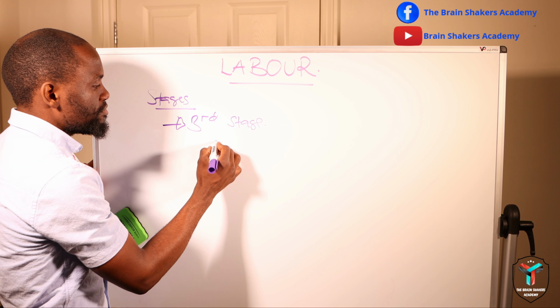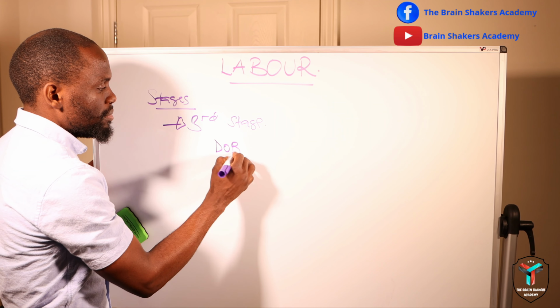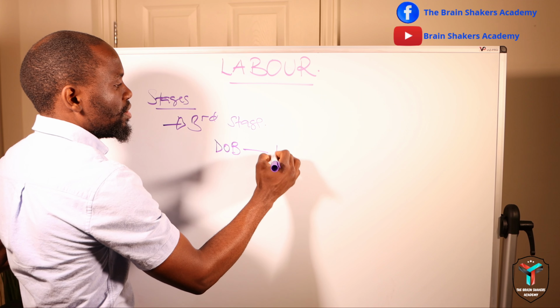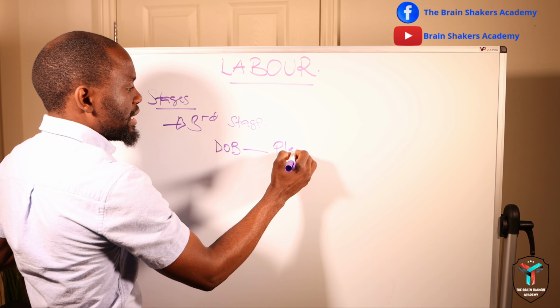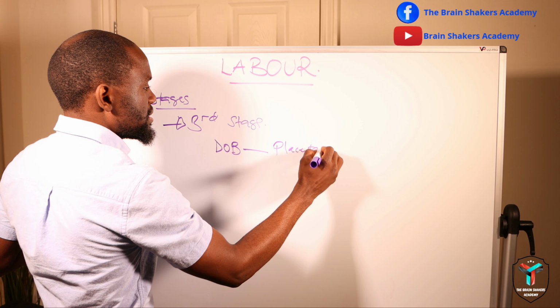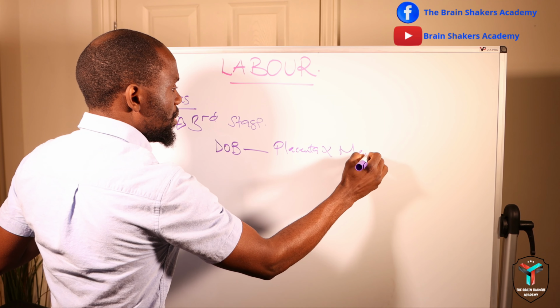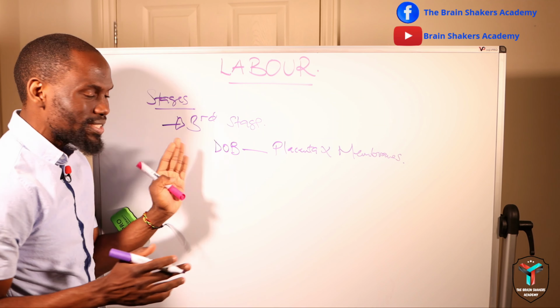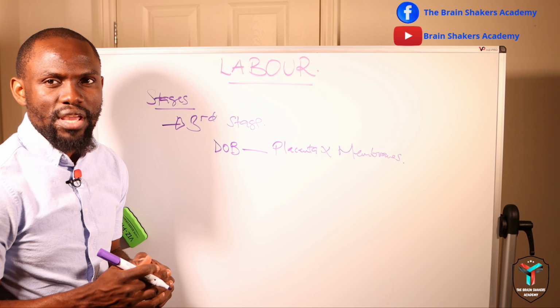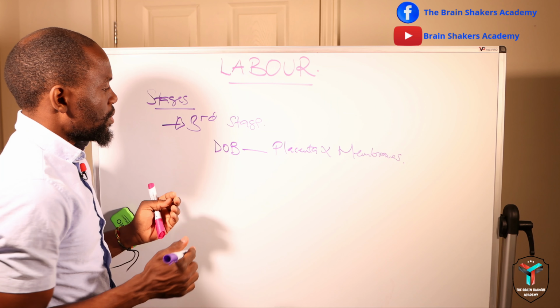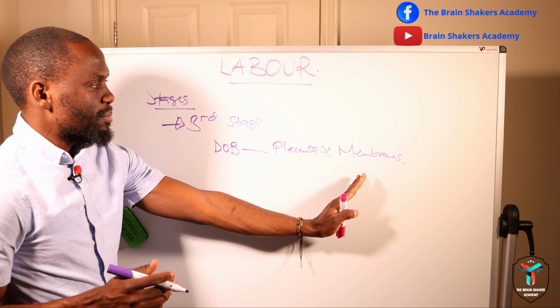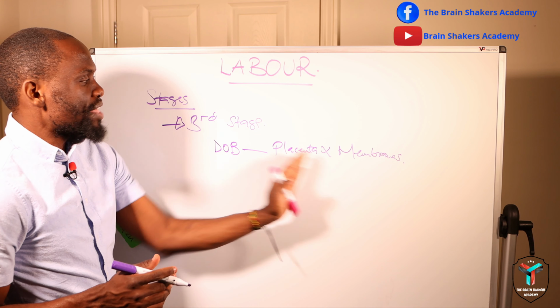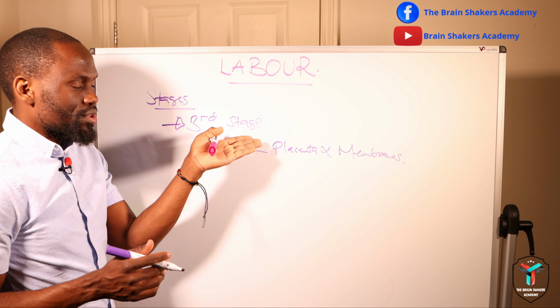So we are saying from the delivery of the baby to the delivery of the placenta and its membranes. So the placenta and the membranes will be delivered at this stage. So the delivery of the placenta and its membranes will give you the third stage.